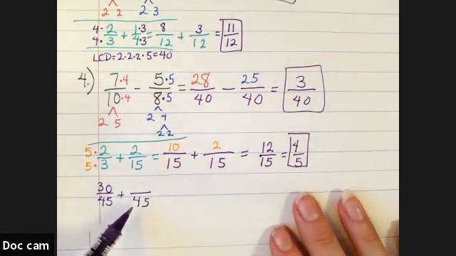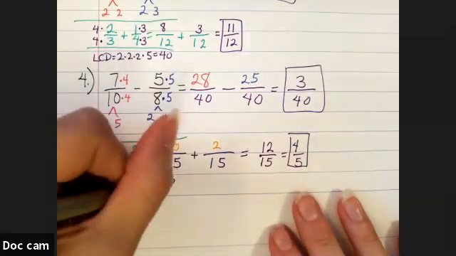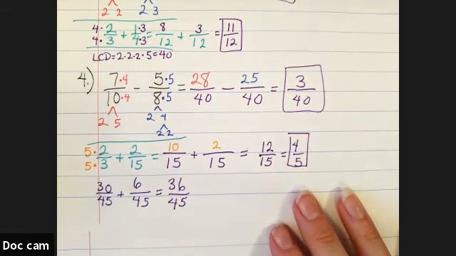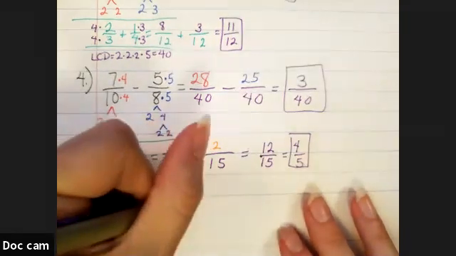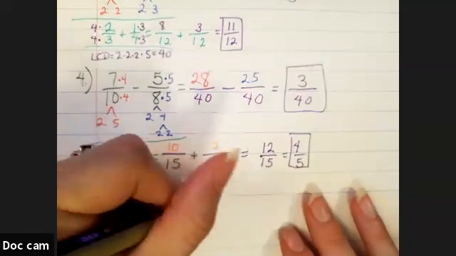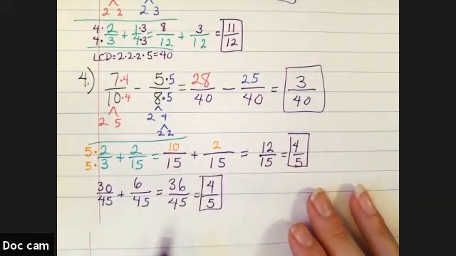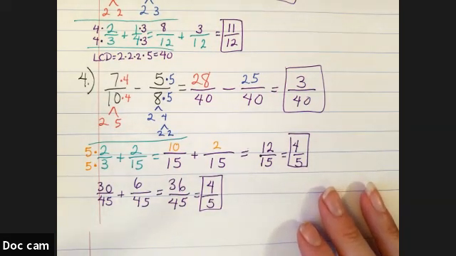And then you would have to multiply 3 times 2, which would be 6. And then you got 36 over 45. Okay, but then you just have to reduce that. So then you have to know that 9 goes into 36 4 times, and 9 goes into 45 5 times. So you can still do it that way and get the correct answer. Just always check at the end to see if you can reduce your answer.